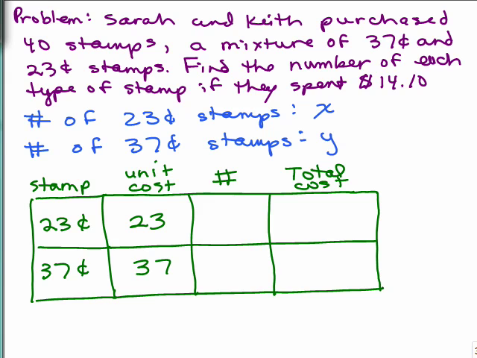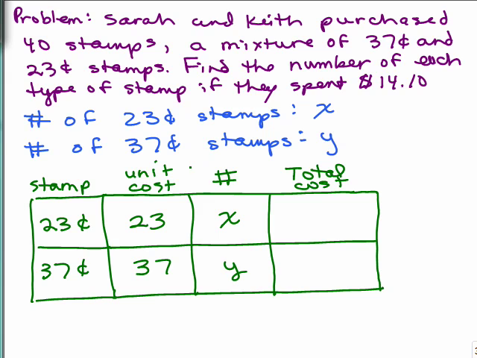Well, you wrote that right up here. X was the number of 23-cent stamps. So X is the number of 23-cent stamps I'm going to buy, and Y is the number of 37-cent stamps I'm going to buy. The total cost, if you buy X 23-cent stamps, each one costs 23 cents, so that's 23X for the total cost.